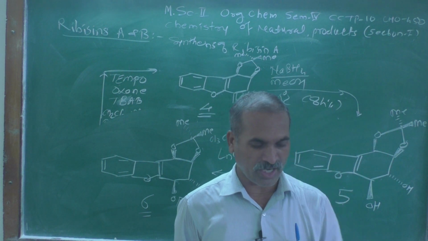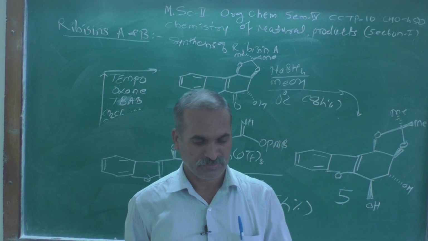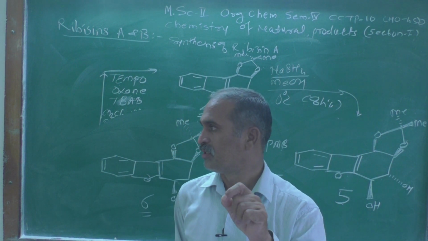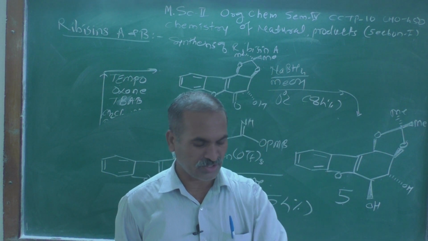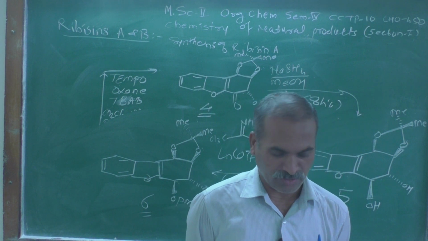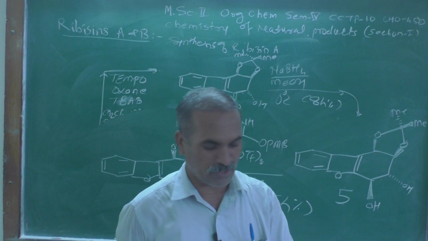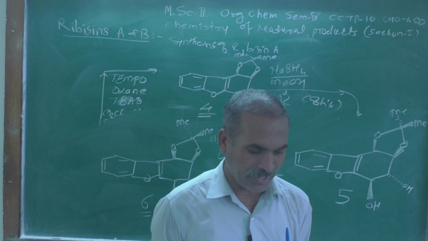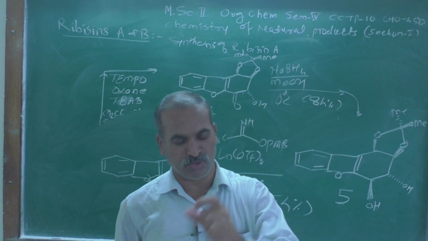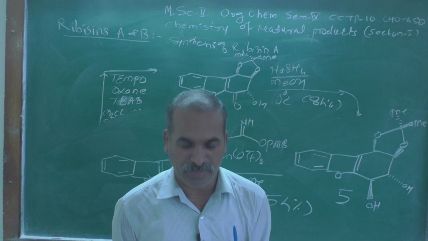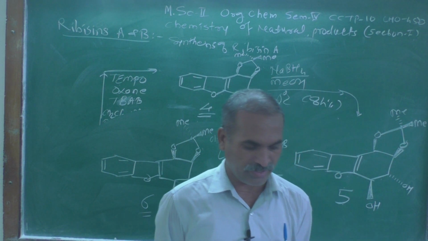biocatalyst, and that's why they are playing very good role in such a transformation, and we got the structure number 4. And that structure number 4 once again treated with the reducing reagent like sodium borohydride in presence of methanol stirred at 0 degree centigrade.